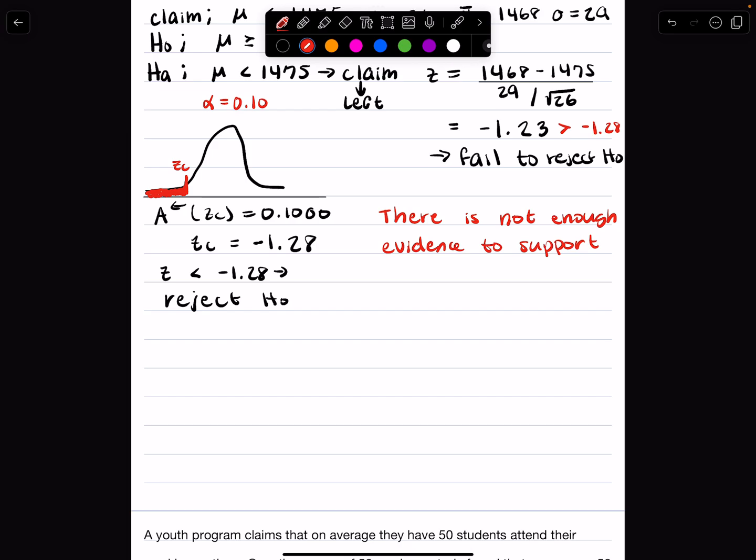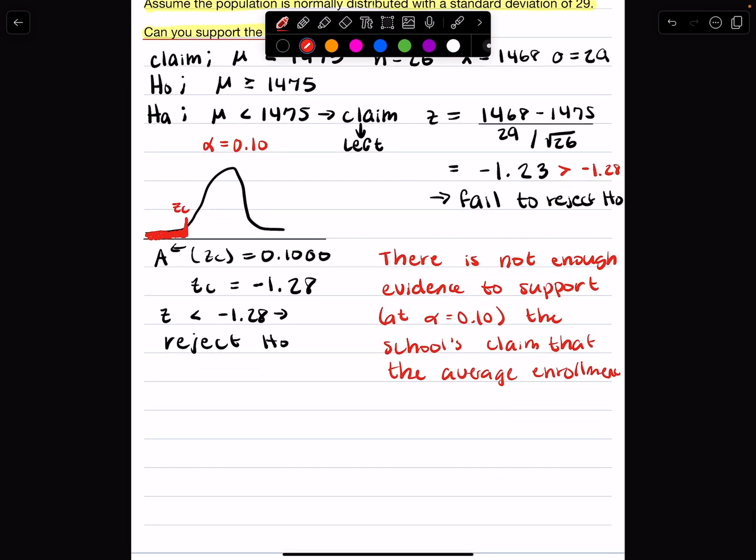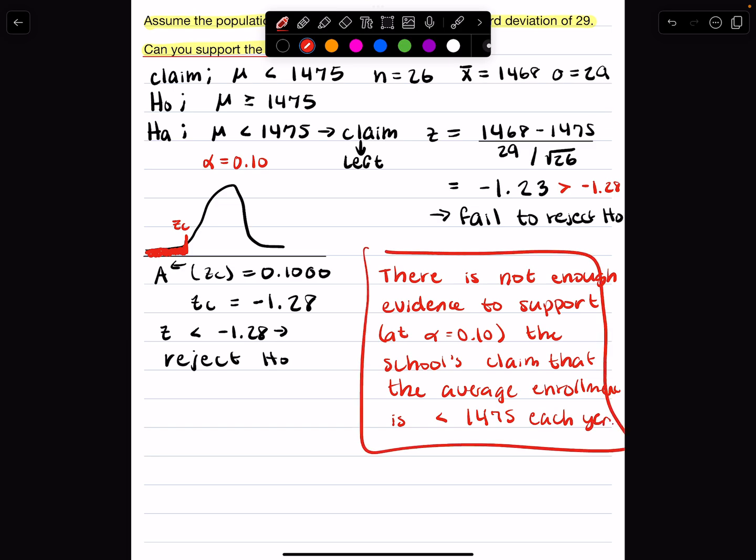And in this case, there's not enough evidence to support, and just as a side note, at alpha equals 0.10, the school's claim that the average enrollment is less than 1,475 students each year. And that is our conclusion.